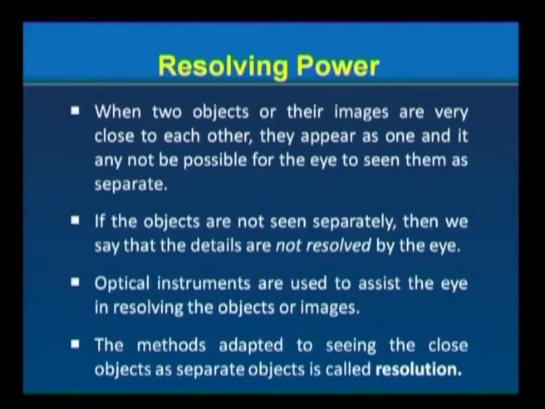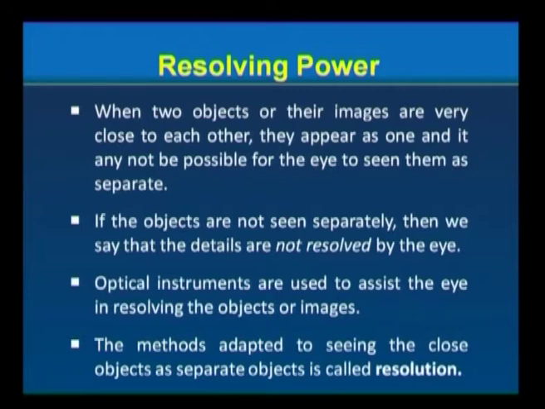Suppose I move through a distance of 1 kilometer or 2 kilometers, can we see the 5 bulbs separately by the human eye? It is not possible. Then you have to use some optical instrument so that you see the 5 bulbs or tube lights as 5 independent entities. The human eye cannot resolve.